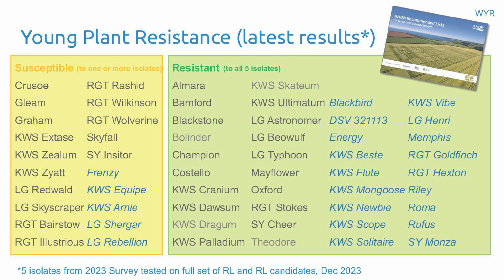So the Zealam's in there, RGT Rashid is in there. We have some of the candidate varieties, but we actually have quite a lot in the green box for yellow rust, that they were resistant in my seedling tests. So it just shows that the breeders are doing a really good job out there, and they're helping to produce resistant varieties.